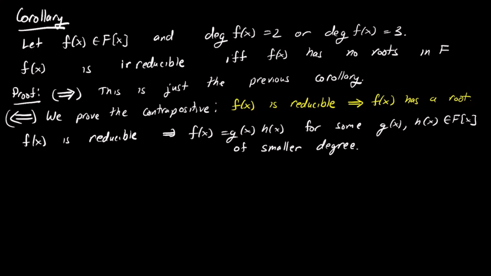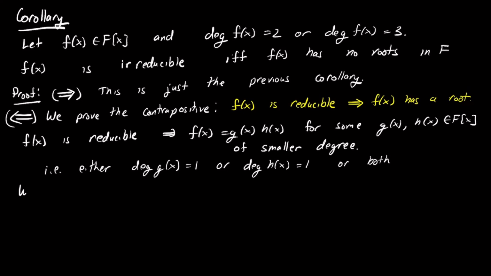So in other words, either the degree of g of x is 1, or the degree of h of x is 1, or both. If I take a quadratic and it's reducible, it factors into two linear polynomials. If I take a cubic polynomial and it's reducible, it factors into a linear polynomial times a quadratic polynomial. So one of these factors has to be degree 1.